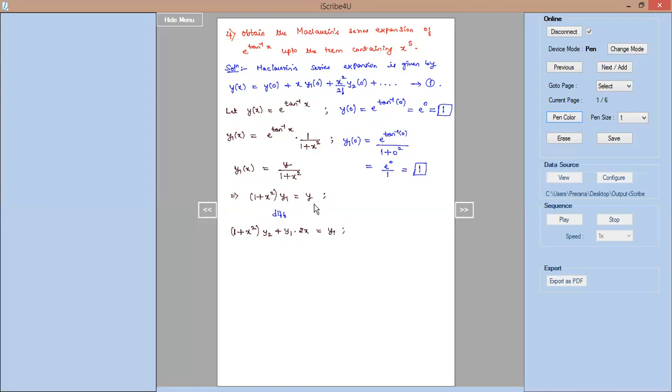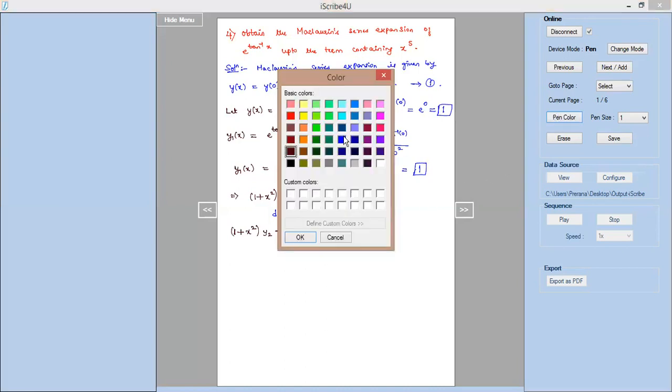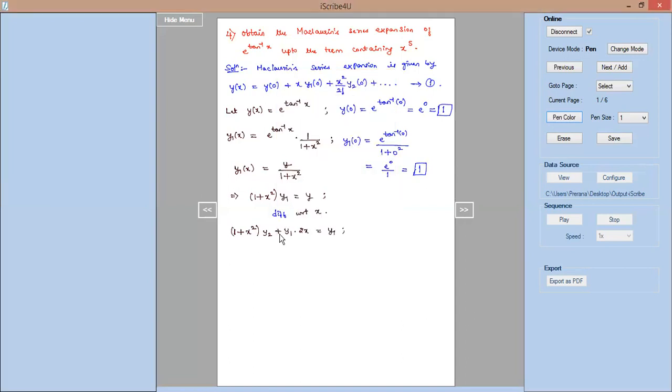Right hand side, differentiation of y with respect to x. We are differentiating all these with respect to x. Please don't forget that. Differentiation of y with respect to x is y1. Now we have to obtain y2 at the point 0. To find y2, wherever x is there, substitute as 0 because we are taking the point x is equal to a equal to 0. And wherever y1 is there, we are already familiar with the value of y1 of 0, which is 1.